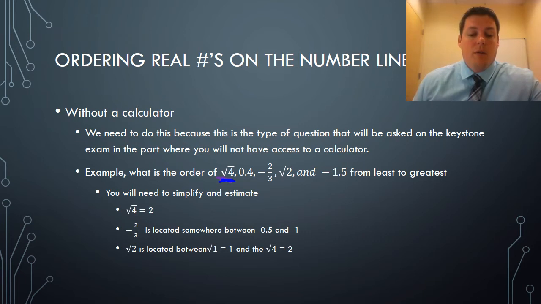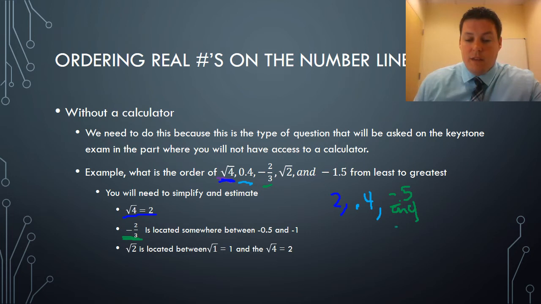Blue, the square root of 4, well, if we simplify that, we know that's 2. So I'm going to write my numbers over here. I have 2. 0.4, well, I know that value, so I'm just going to write that over here. Then we have negative 2/3. Well, if I look down here, negative 2/3 is located somewhere between negative 0.5 and negative 1.